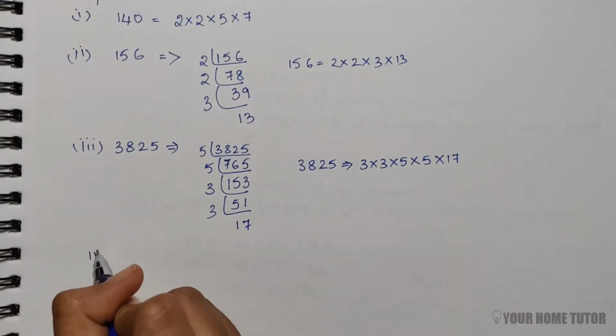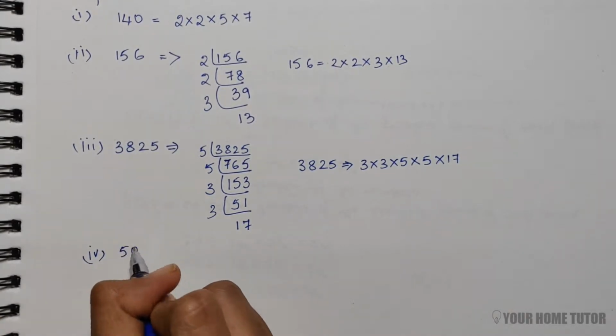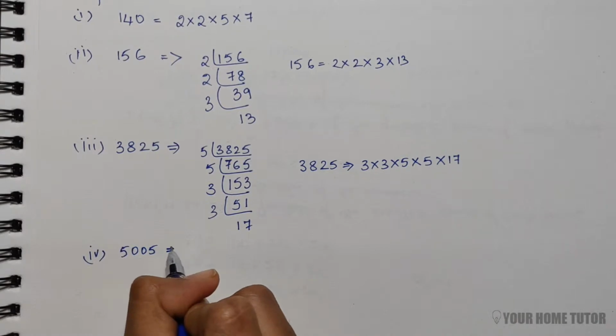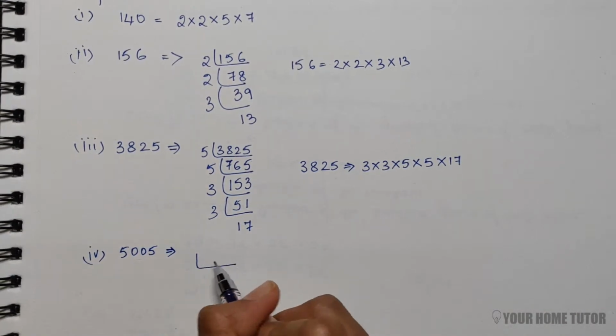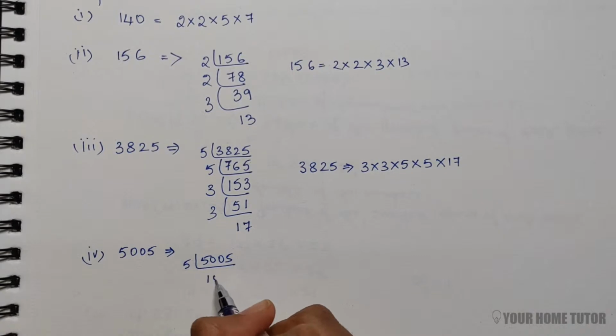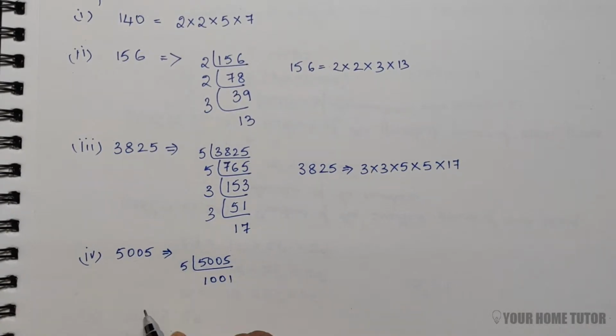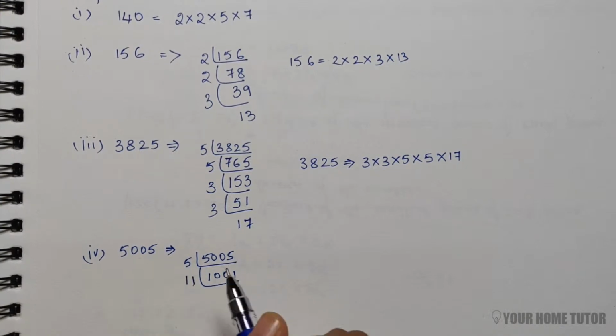For the fourth bit, we have the number 5005. So first dividing the number by 5, I would get 1001. 1001 is divisible by 11.